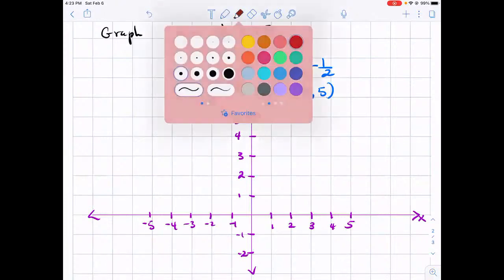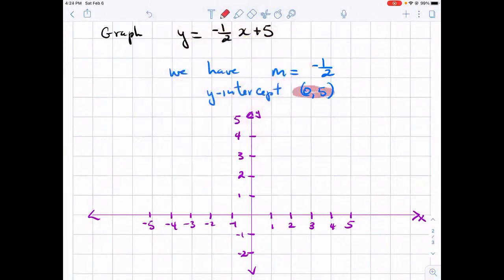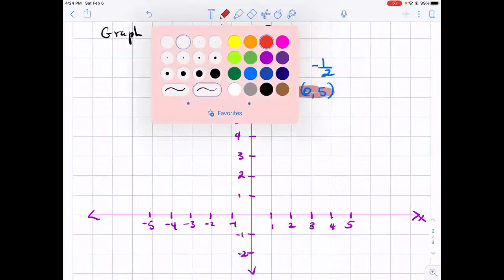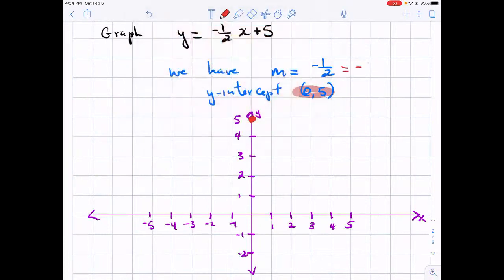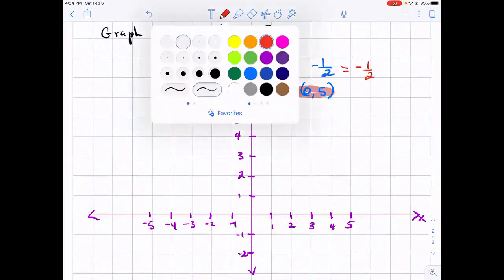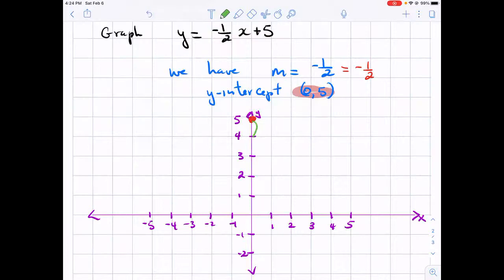So first we plot the y-intercept. That is (0, 5), and that will be here. x is 0, y is 5. Now because the slope is minus 1/2, we will move 1 unit down, 2 units to the right.